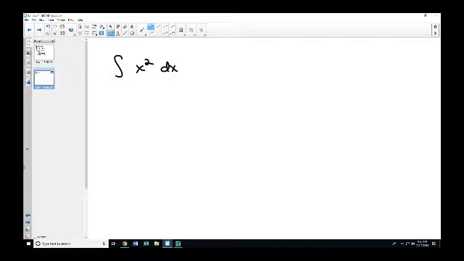No, that's the derivative. The derivative of x squared is 2x. You have to make sure that you keep those two separate. They're related, but you've got to keep them separate. It's x squared plus c? No. What derivative would give you x squared?